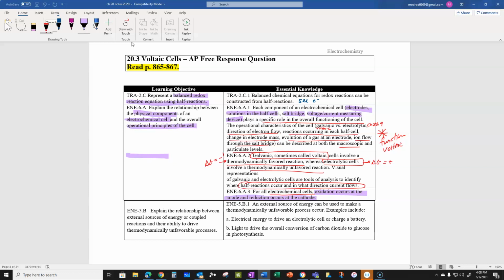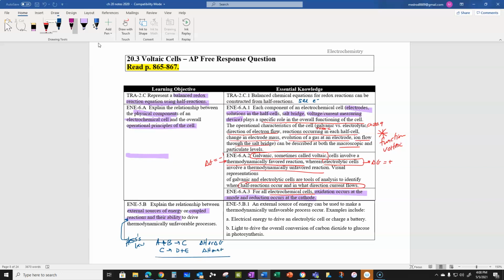Explain the relationship between the external sources of energy or coupled reactions. And I know you saw a video, gosh, my mind is going blank, but I know it was in, I want to say Unit 9, where they were doing Hess's Law with delta G. That's what that coupled reaction is, aka Hess's Law, where you have A plus B, maybe goes to C, and you have like a delta H, or you can use delta G. I know in that video they use delta G. And then C makes D and E. And then you have that delta H or delta G value.